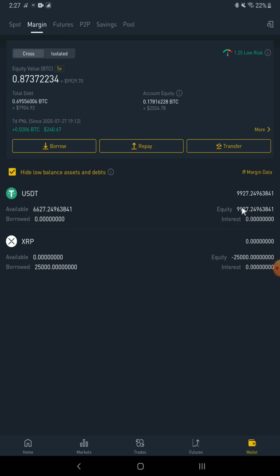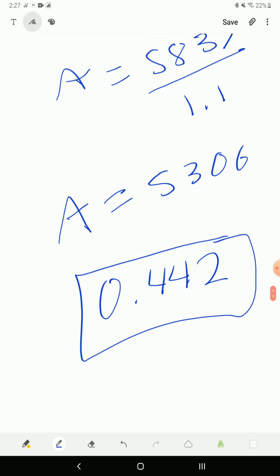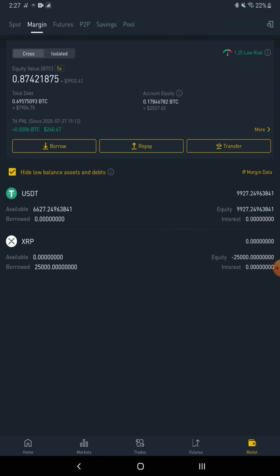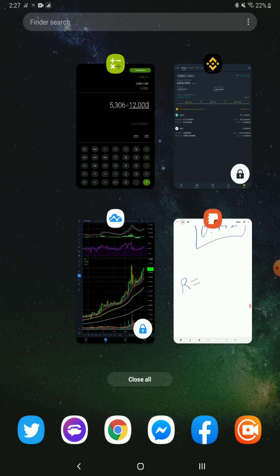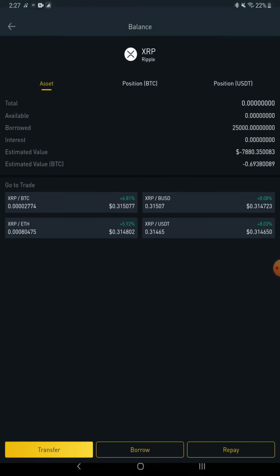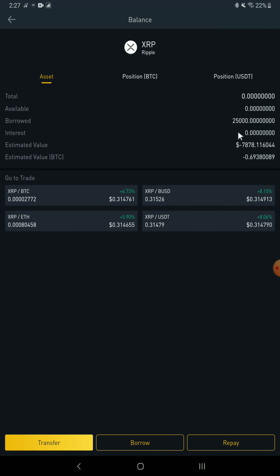It went up, okay? So now we're going to do the math all over again so you guys get it. I'm going to show you the liquidation price now. So now we know that we're taking the risk. The risk level R is equal to, what is it? 99.27 divided by that number, 78.78.